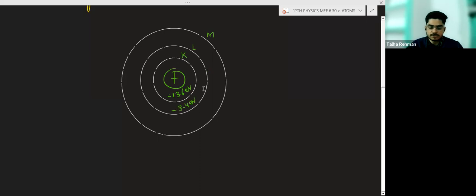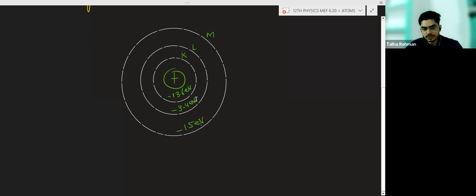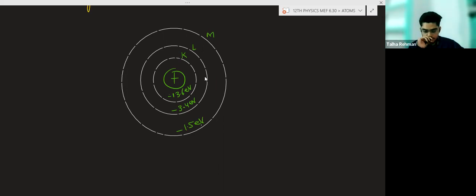For the M energy level, the energy is minus 1.5 electron volt. This we will discuss in detail. After that, there are the N shell and beyond, which have more energy. So Bohr said that the electron can revolve in a fixed orbit having a fixed energy.